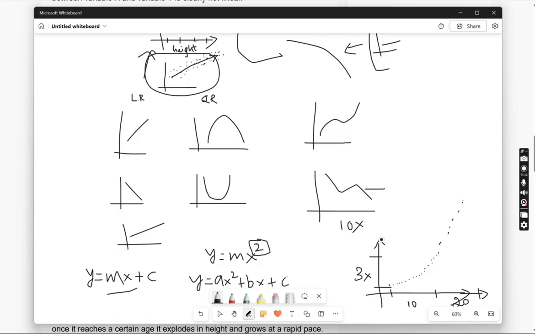And if you keep it for another 10 years, so that is 30 years, then you will see a further surge in the wealth. Now this will be like 40x or 30x, whatever. So your amount keeps on increasing.